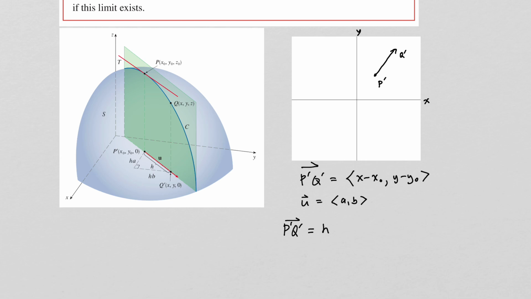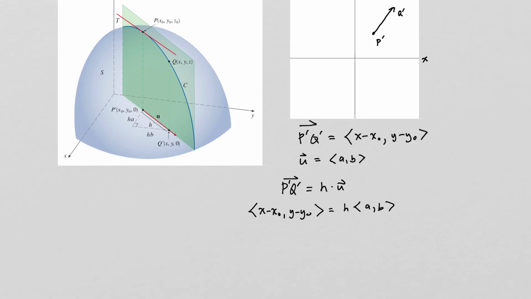So I'm going to say that it's equal to h times u. But this means the vector x minus x0, y minus y0 is equal to the vector h times a, b. And if I simplify here, we get the vector x minus x0, y minus y0 is equal to the vector ha, hb.